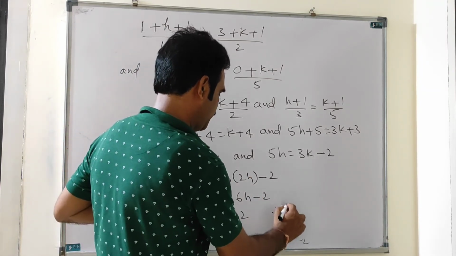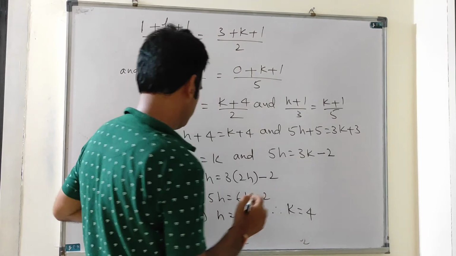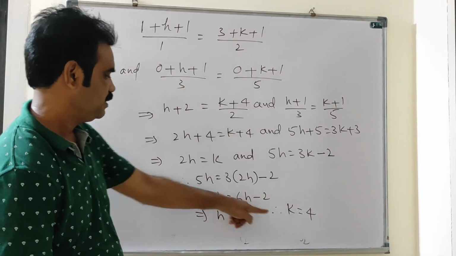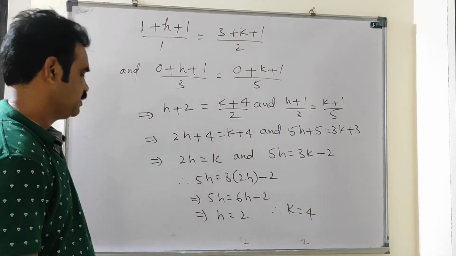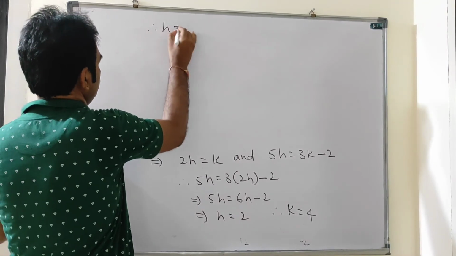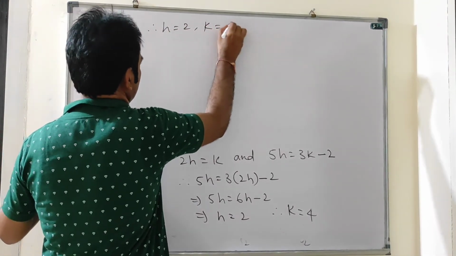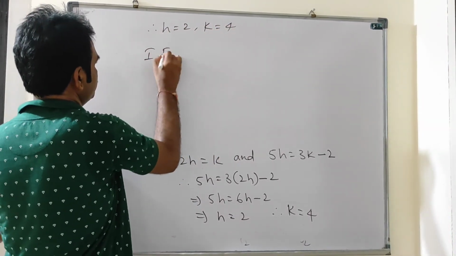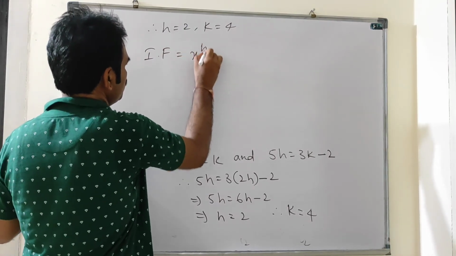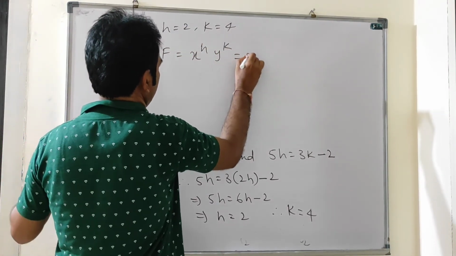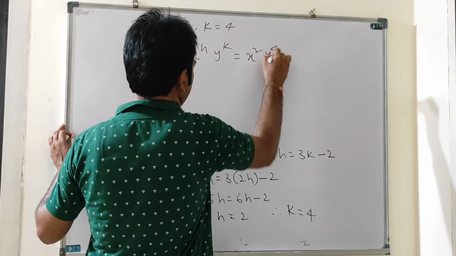Therefore k = 4, since k equals 2h. Therefore h = 2, k = 4, and the integrating factor is x^h y^k, that is x^2 y^4.